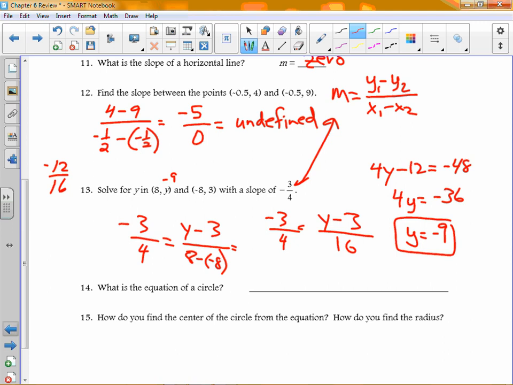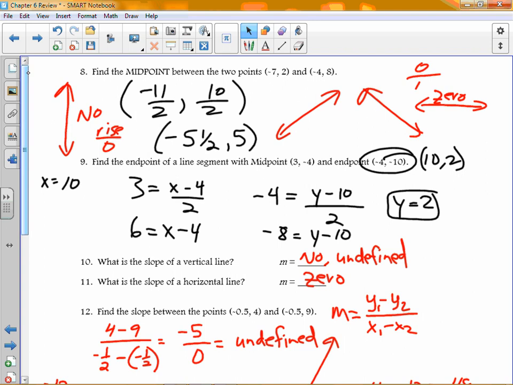So this works. But again, guys, look at what I did. Earlier in the worksheet, in number 9, the same thing happens with the midpoint problem. If you haven't tried number 9, you need to try number 9 tonight.